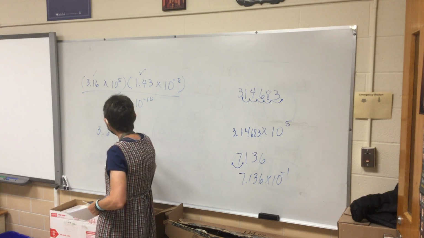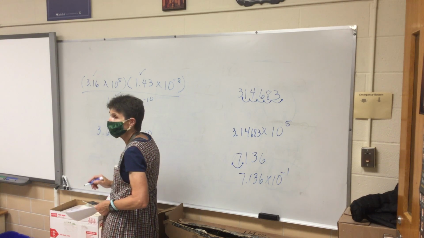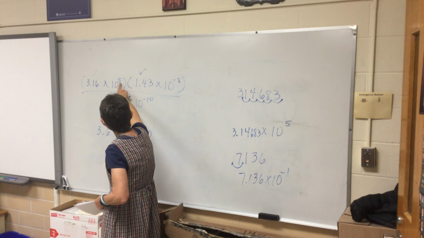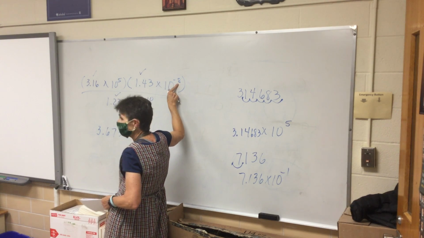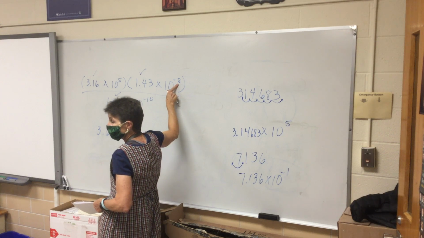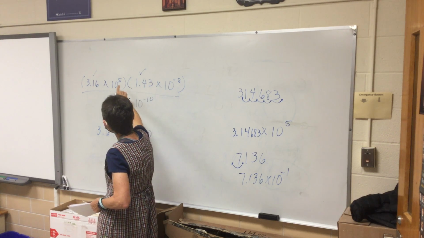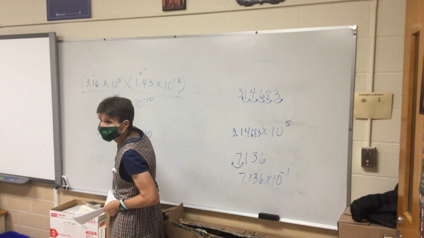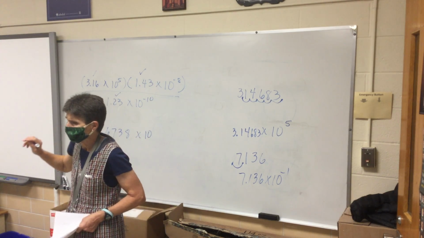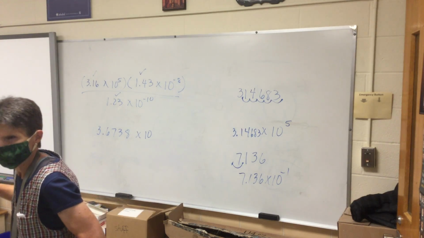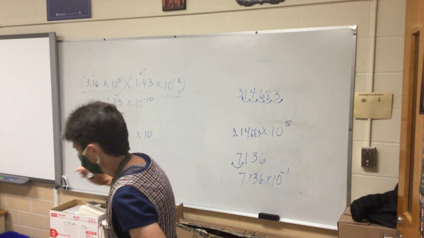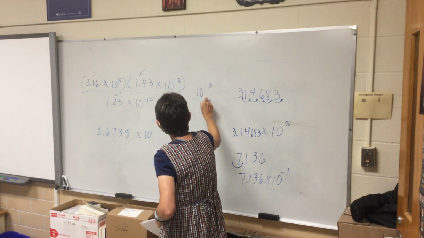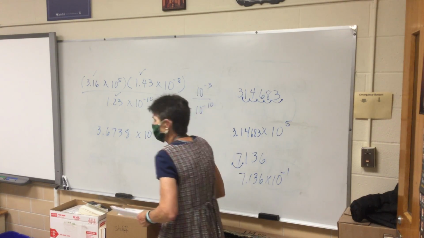Okay? Now I got to deal with the 10 part. So I got a 5 and a negative 8. So this is like having 5 tens and negative 8 tens. What does that make? Negative 3? So I have 10 to the negative third over 10 to the negative 10th.